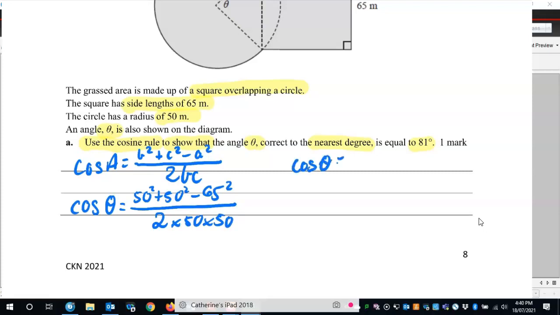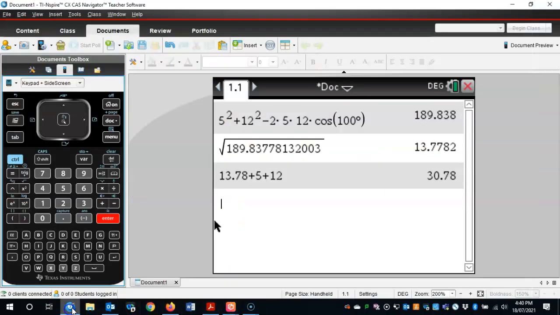So cos theta equals, get my calculator, 50 squared plus 50 squared, take 65 squared, over 2 times 50 times 50. Okay, so that's 0.155.